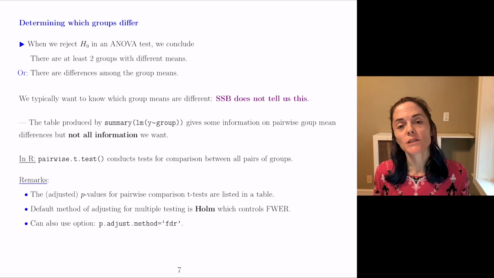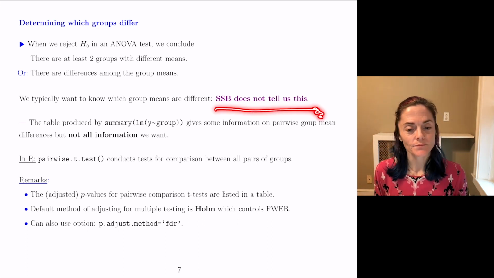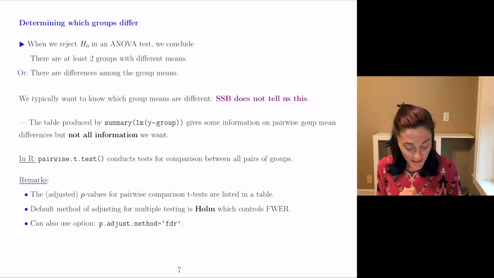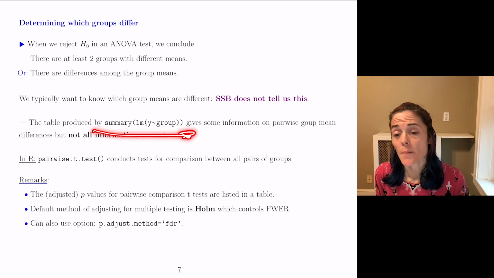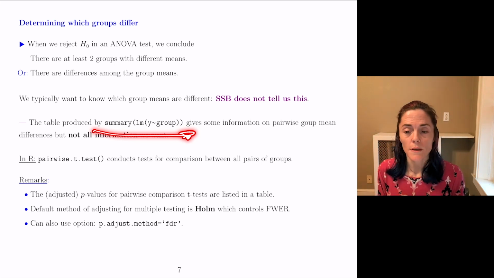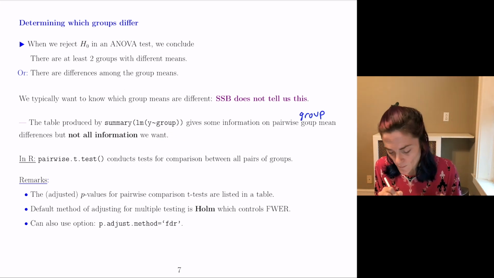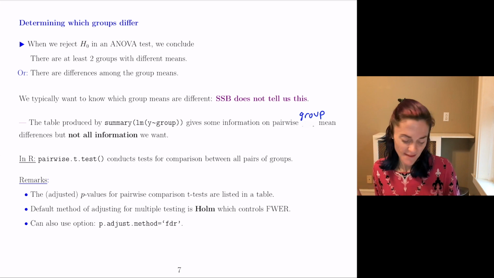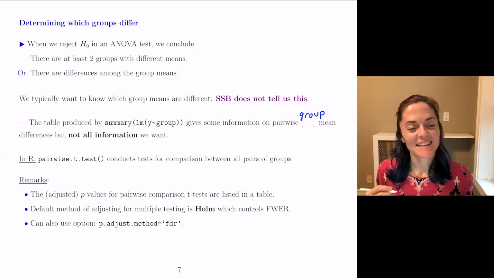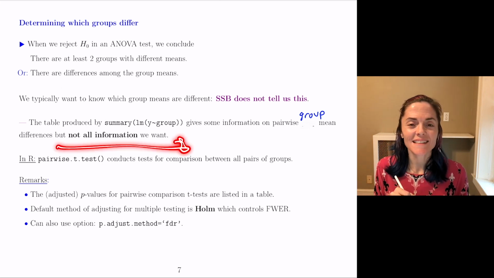However, we typically want to know which group means are different. The sum of squares between does not tell us this. Okay, in the table produced by this R command, this gives some information on pairwise group mean differences. Oh, where I have misspelled the word group. So let me wipe this out. But this table does not give all information we want.